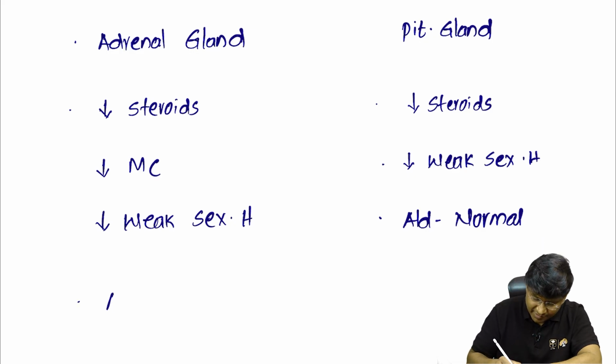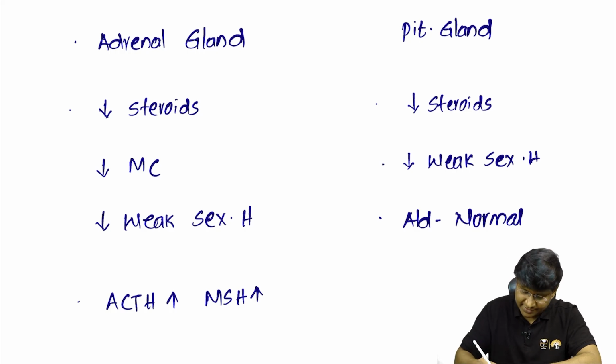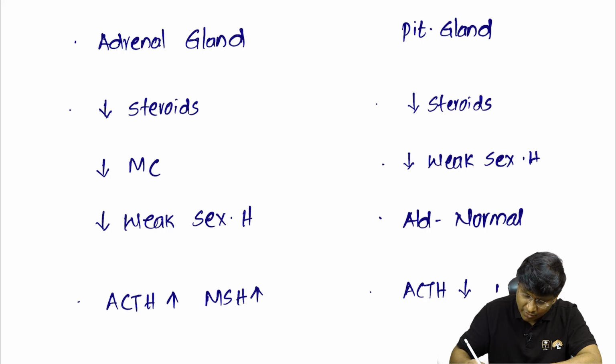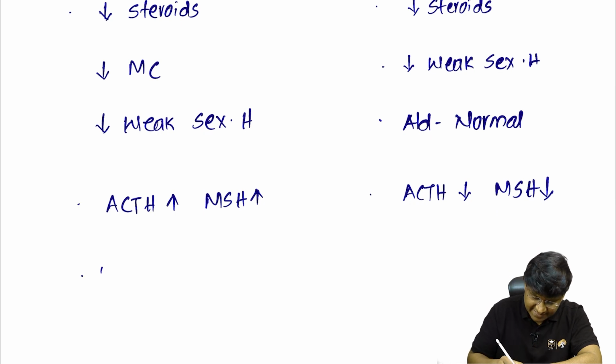And another very important point is about the ACTH level. In primary adrenocortical insufficiency, the ACTH and MSH, both of them are increased, whereas in secondary adrenocortical insufficiency, the ACTH is reduced and along with that the melanocyte stimulating hormone levels are also reduced. So thereby in primary, these patients will have hyperpigmented skin, right?